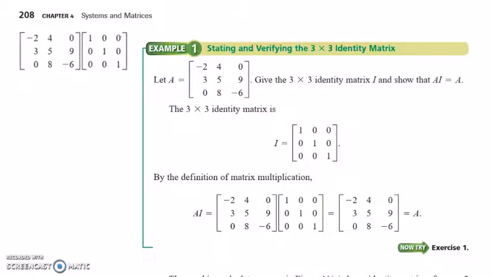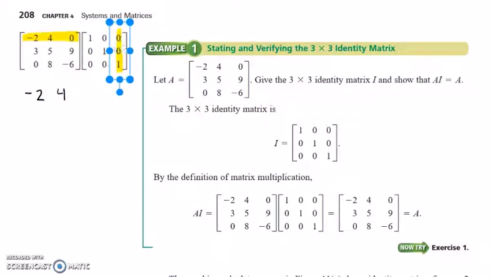So to multiply matrix A by I, to find element 1, 1, I need to multiply the first row of A times the first column of I, and then I get negative 2 times 1 plus 4 times 0 plus 0 times 0. To find element 1, 2, negative 2 times 0 plus 4 times 1 plus 0 times 0.